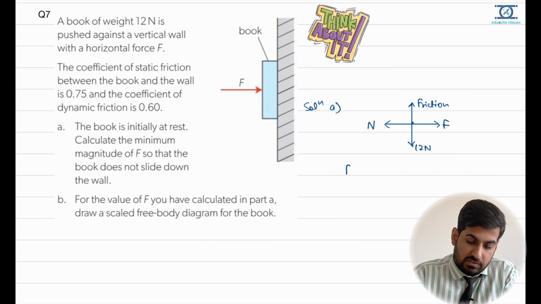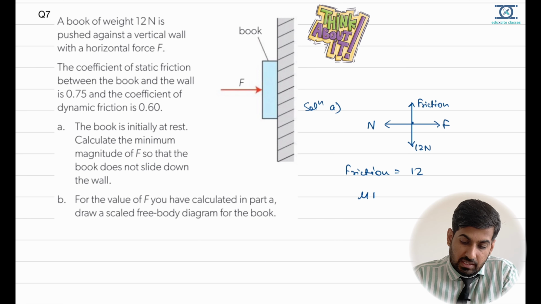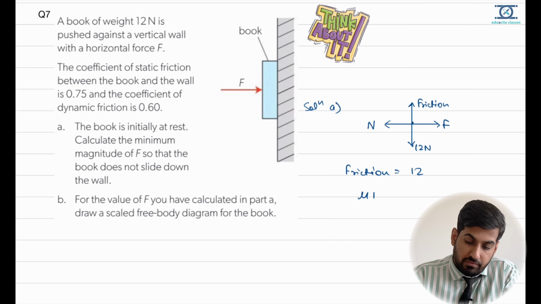So friction will be equal to 12 Newton, and friction is equal to nu times N. And here, if the book is at rest, N is equal to F, right? So nu N is equal to 12, or nu times F is equal to 12.